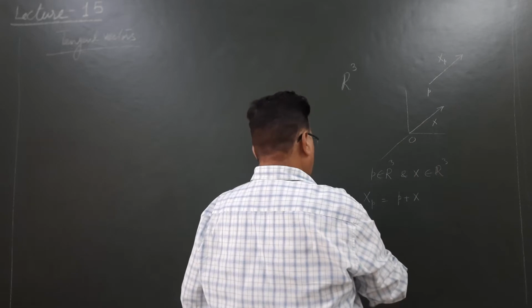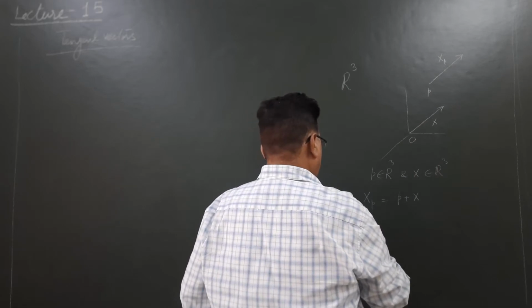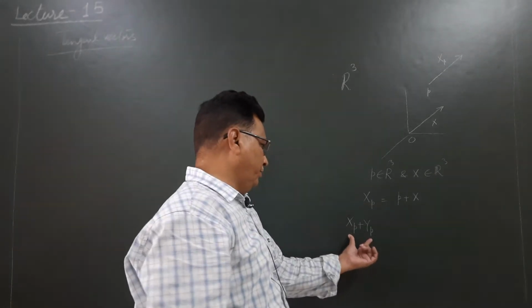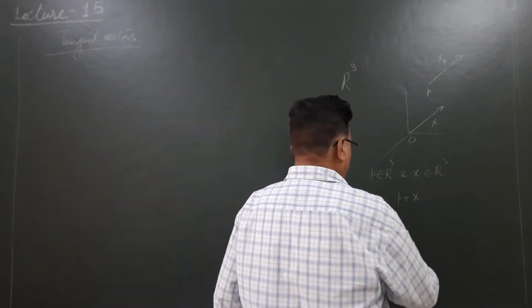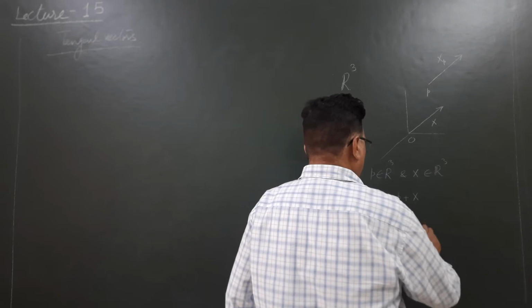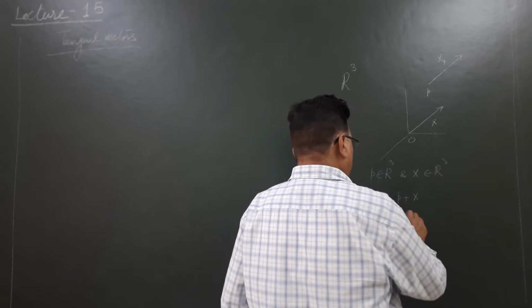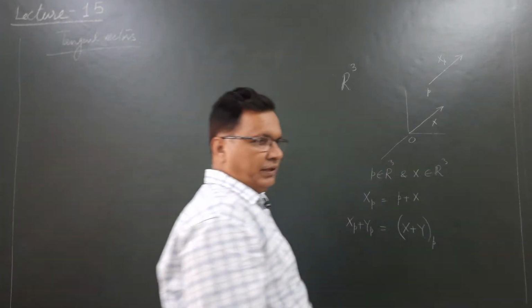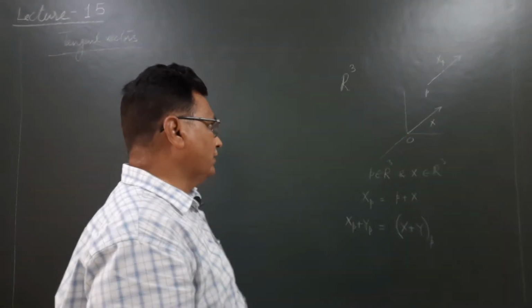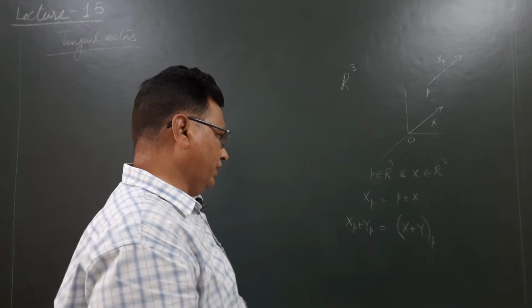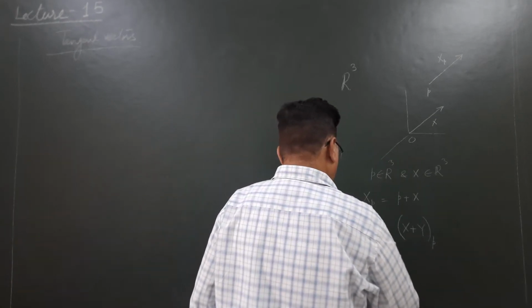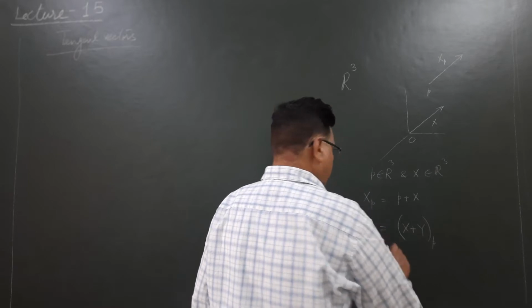So, I can add vectors. Say if there are two tangent vectors at P, I will add them like this. I will take two vectors of R3, take their sum, and then translate at the point P. That will give me the sum of the two tangent vectors at the point P. You can define alpha times xp also.